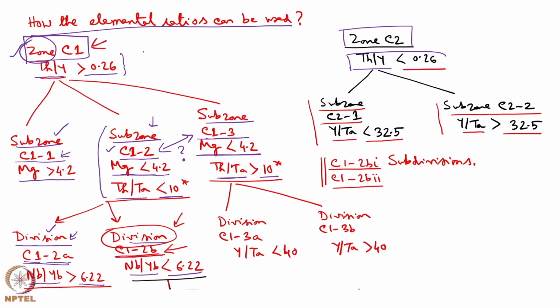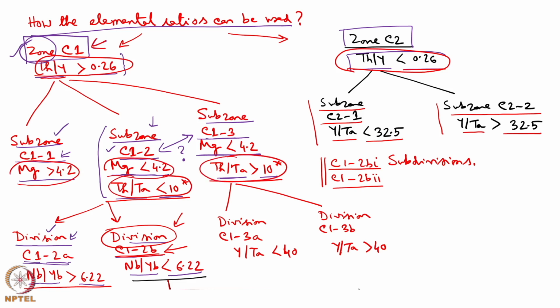So, try to understand the principle that the two zones were divided based on one elemental ratio, whether it is less than something or more than something, and then each of the zones were divided with a similar principle. When we were defining the subzones from the zone C1, we used the ratio Th by Ta, whether less than 10 or more than 10, and the Mg value.